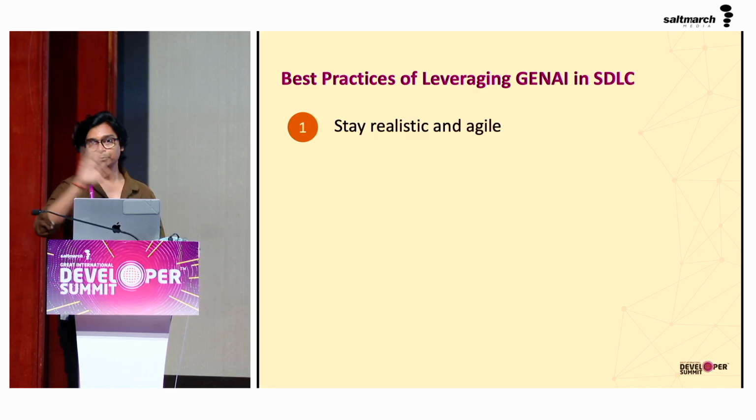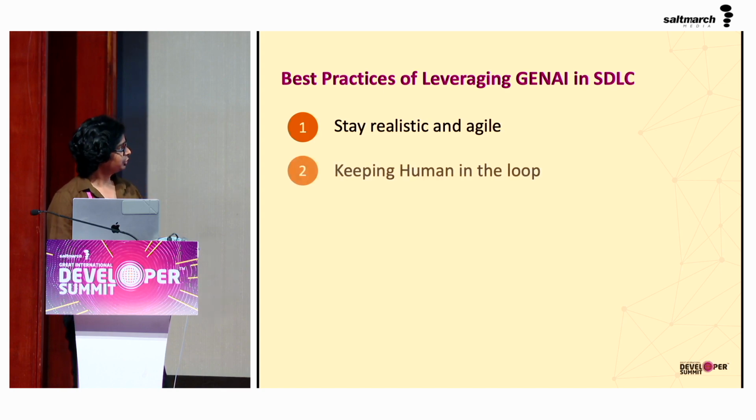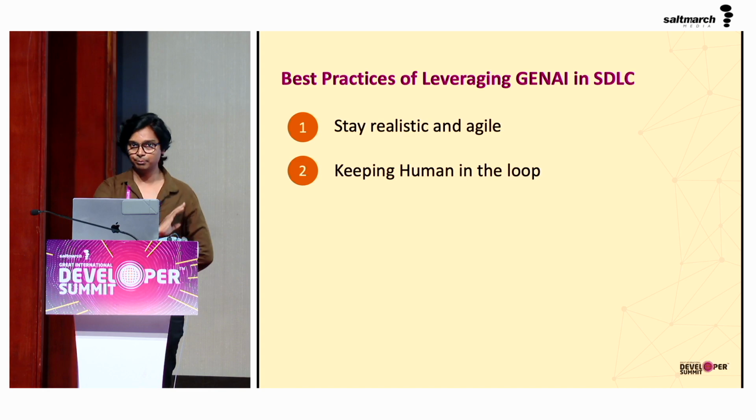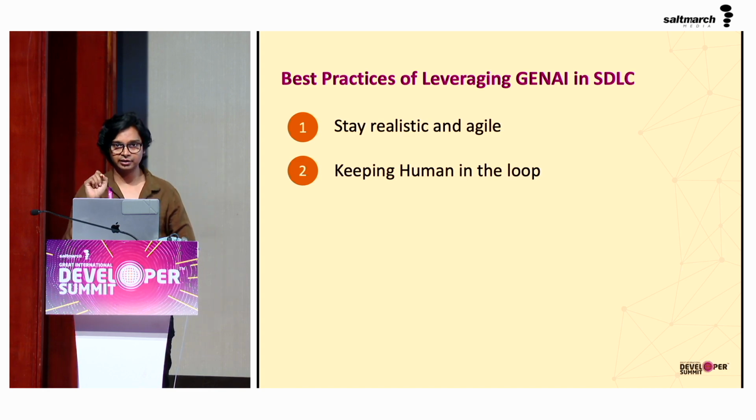If you are remotely associated with software development, make sure that you're also staying realistic. While AI is great, it is not a solution to every single problem. So don't rush into shiny things, but it's important to experiment, and hence be agile. Have a human in the loop, right? While AI promises massive automation, having human oversight is needed.